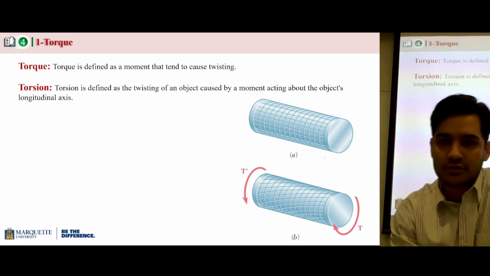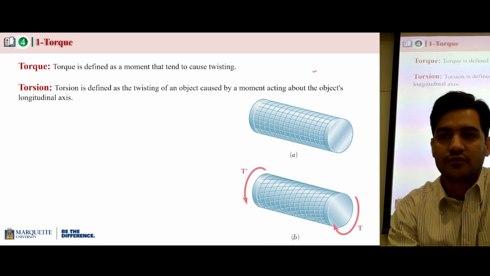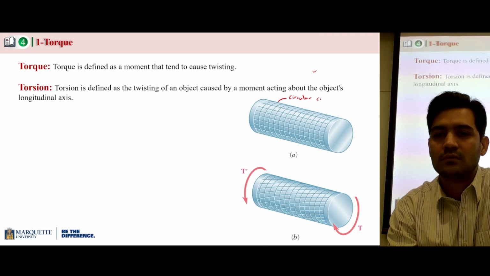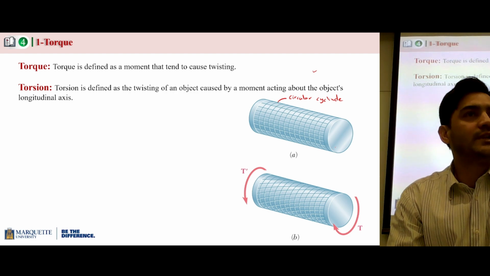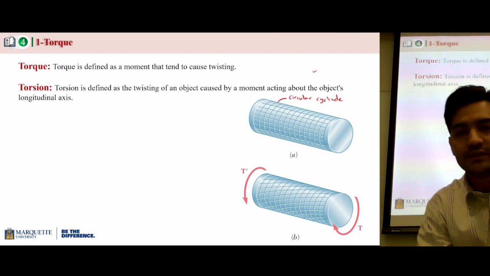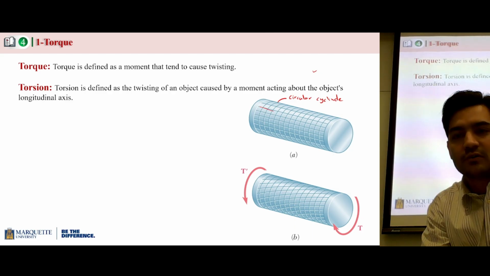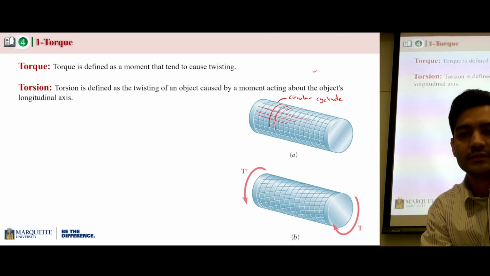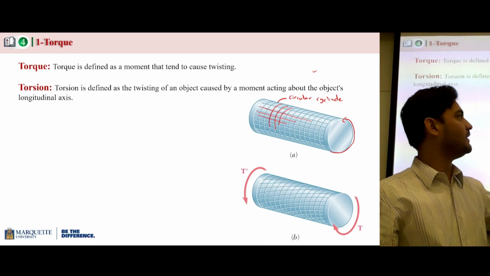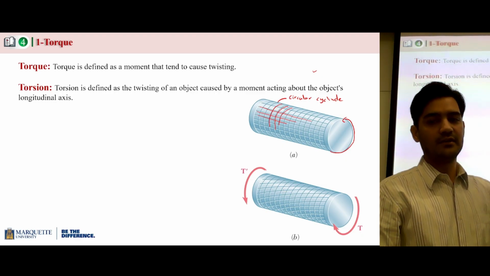We can also further elaborate the concept of torque. For example, this is a circular cylinder. If you want to imagine how twisting happens, you can arbitrarily draw lines. If you draw a straight line on a circular cylinder, and also draw cross-sectional lines, then when you apply a torque, you can see those lines changing.